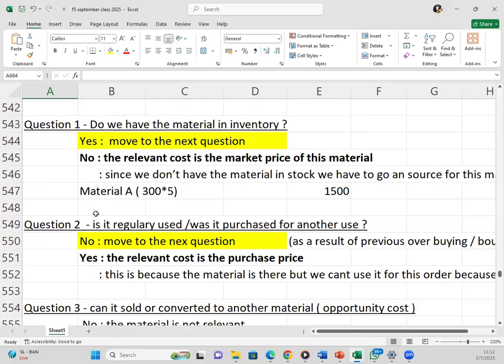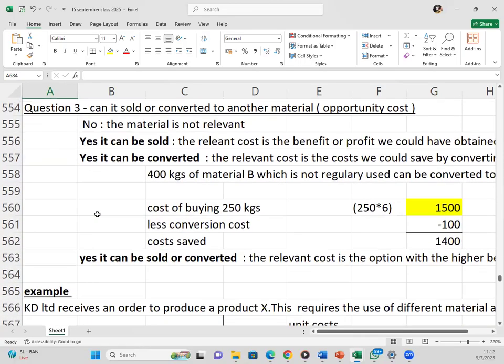Before you can say the material is relevant or not, do we have the material in inventory? Is the material regularly used? Can it be converted or changed to another type of material?